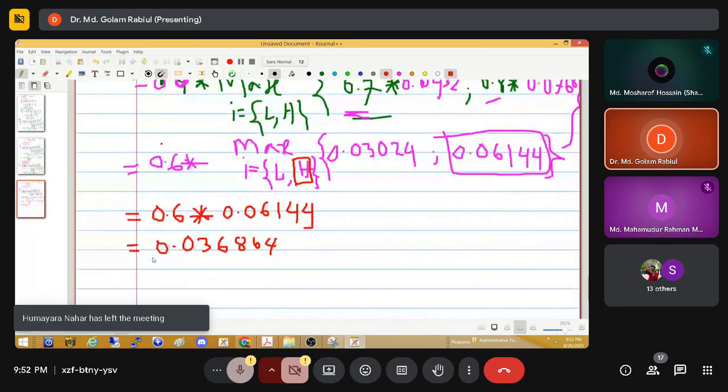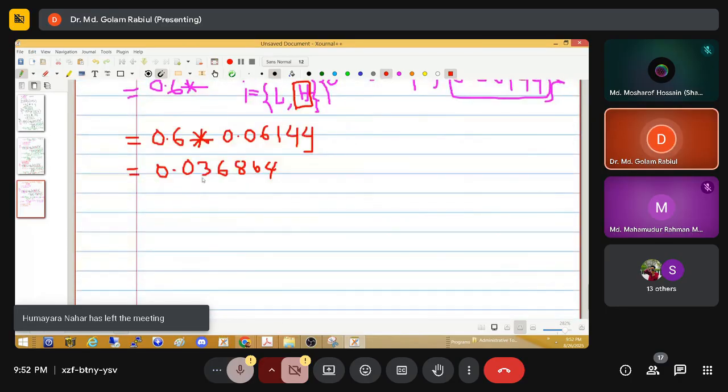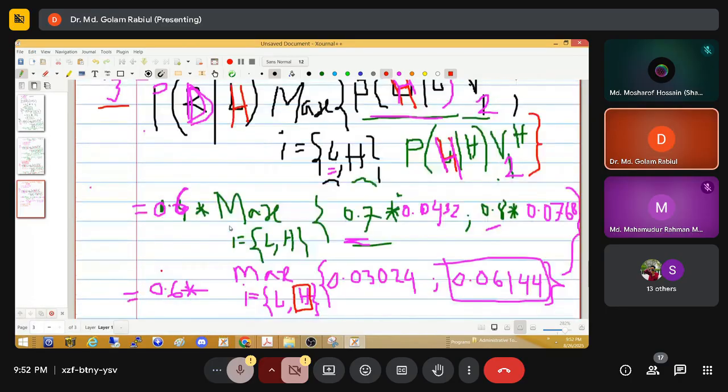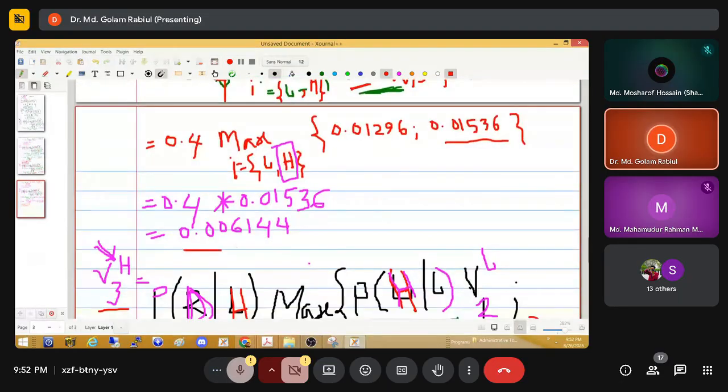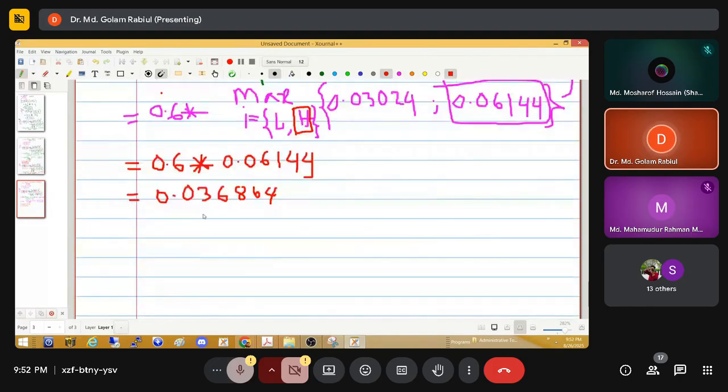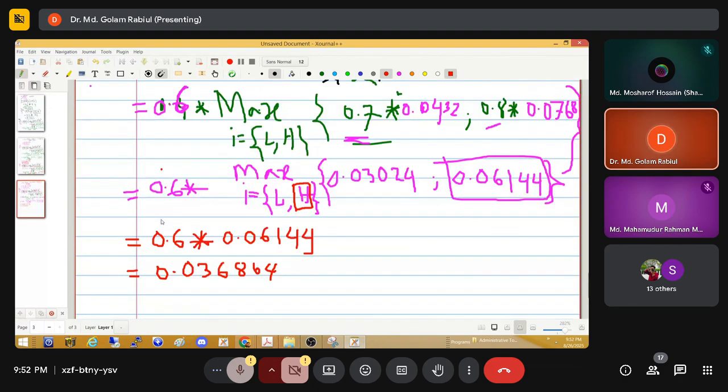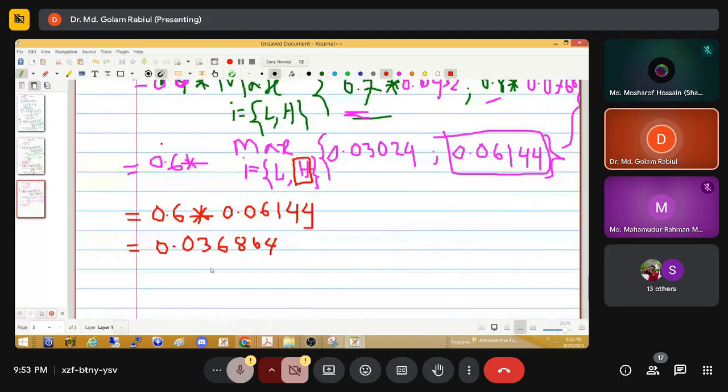So that means V3H we have determined 0.36864, and here V3L is 0.06144. That means between these two, which one is greater? This one is greater.